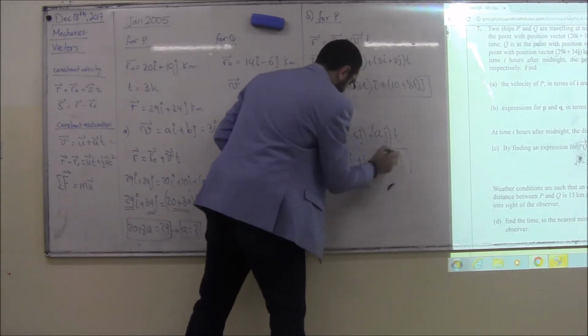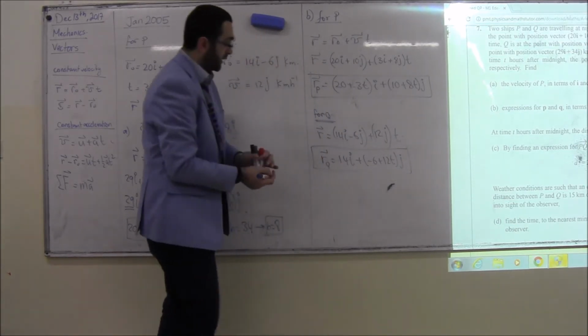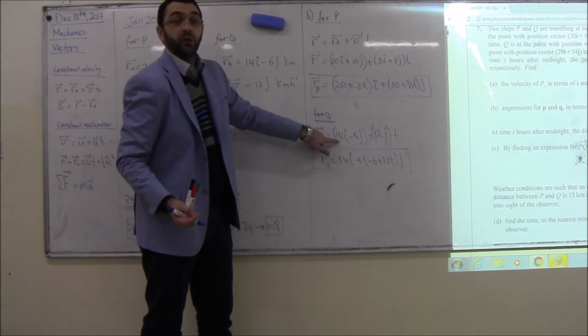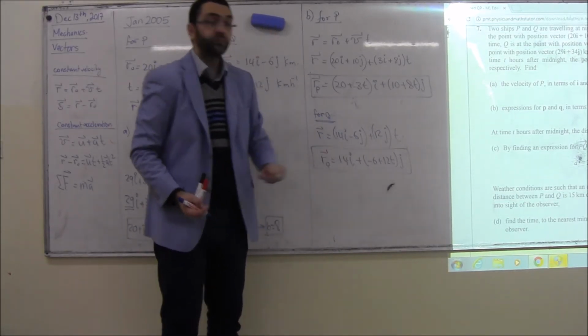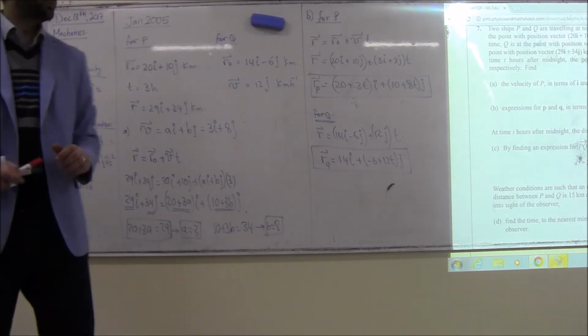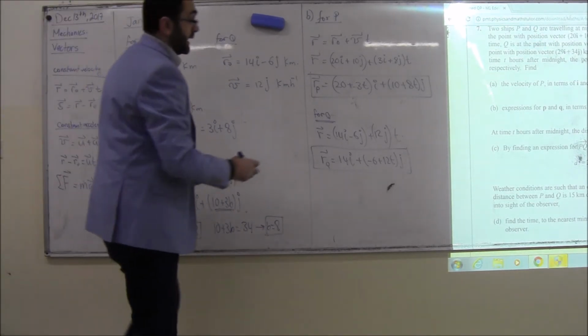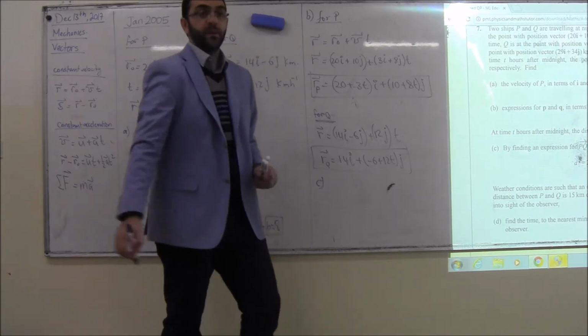I simplify things. With I we have only 14, and with J we have minus 6 and 12T. Any question?